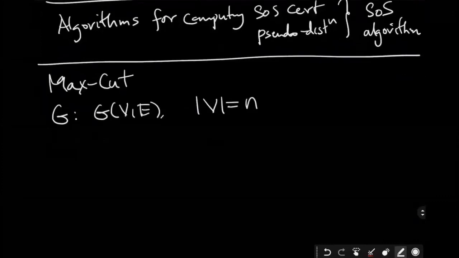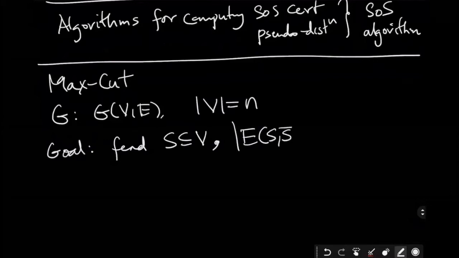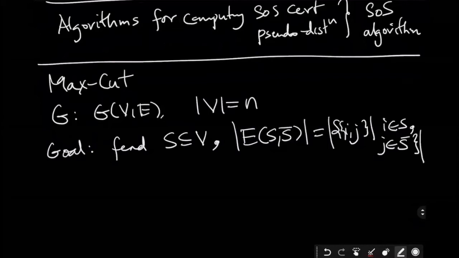The goal is to find a subset of vertices S so that the number of edges going outside of this set, that is, edges ij where one endpoint is in S and the other endpoint is in the complement of S, is maximized.